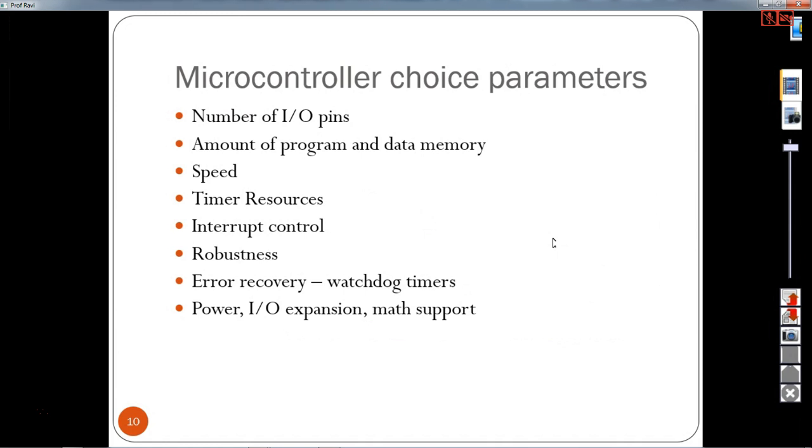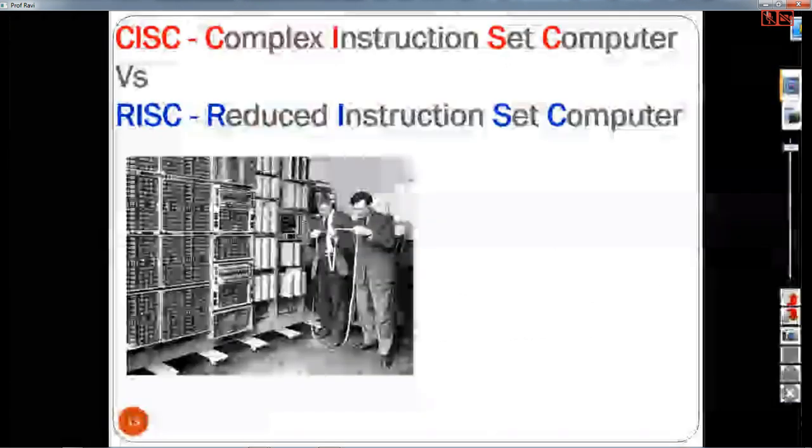Now if you compare the complex instruction set with the reduced instruction set, in the olden days the memory was very slow and very expensive, and programming was done in assembly language. As instructions could be retrieved up to 10 times faster from a local ROM than from main memory, programmers tried to put as many instructions as possible in microcode.